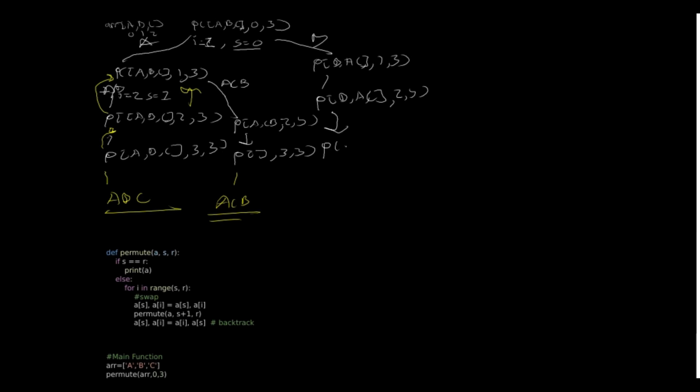We exit the loop in the recursive statement. I'm not going to repeat myself here. 3, 3. So now we output BAC.